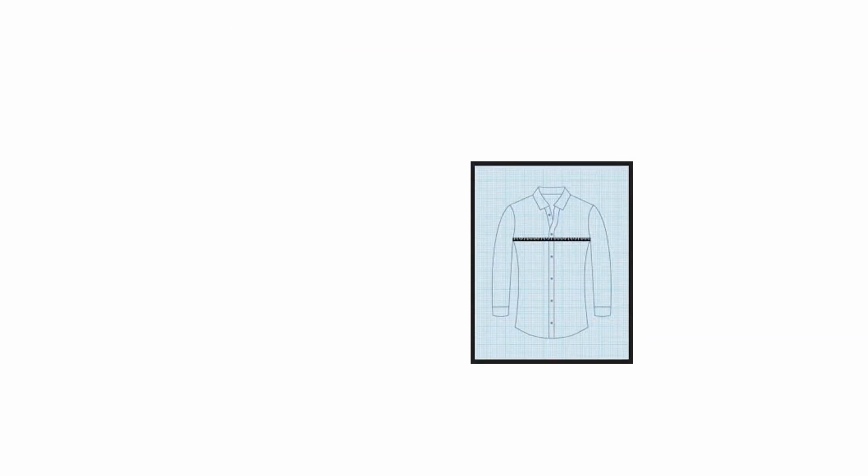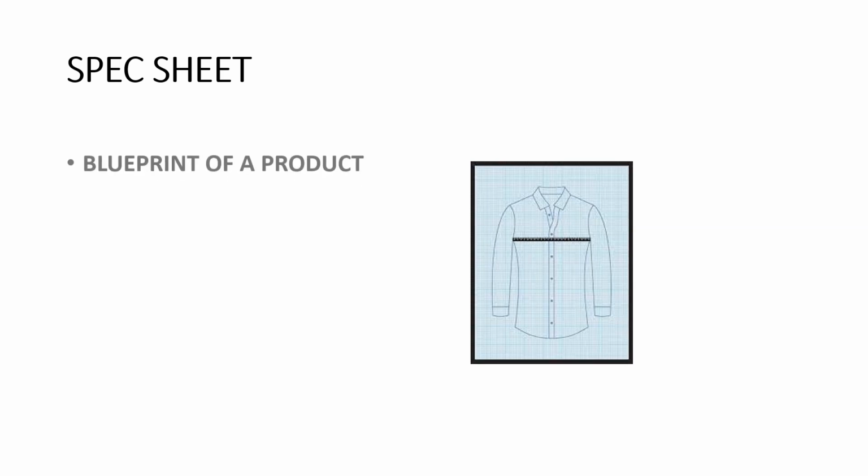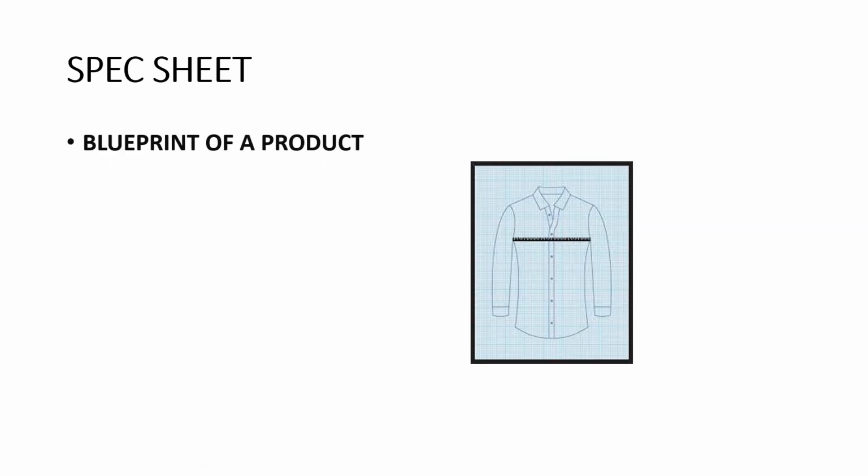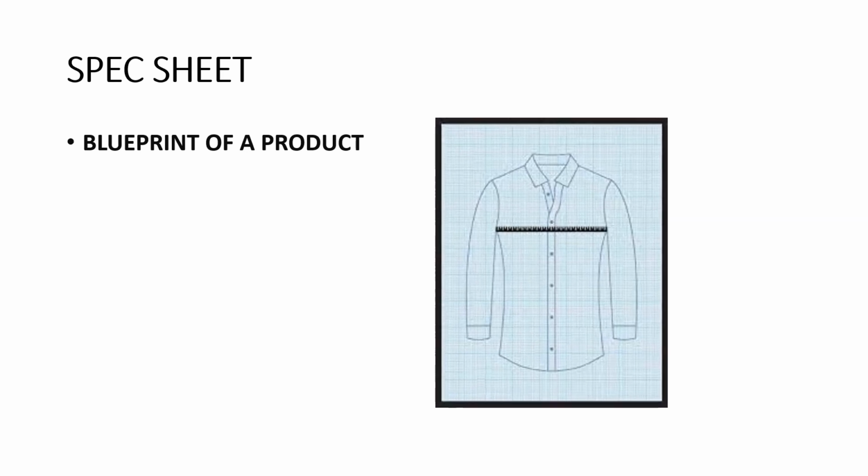Students, what do you mean by this diagram? This is also an important point of this specification sheet, and sometimes we call this specification sheet a blueprint of a product. Why is it called so? Blueprint of a product, when you are talking.